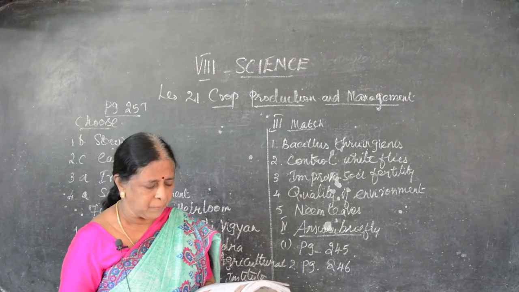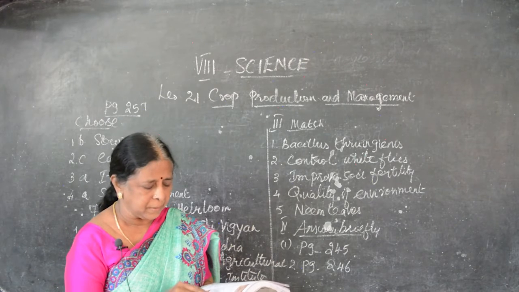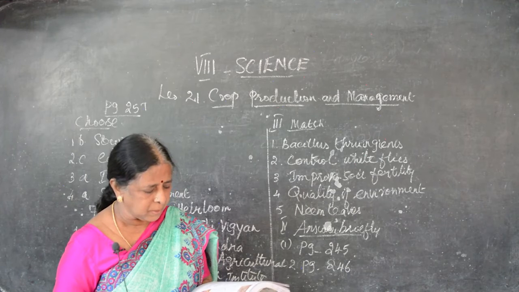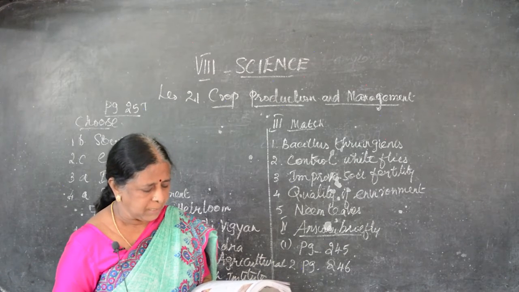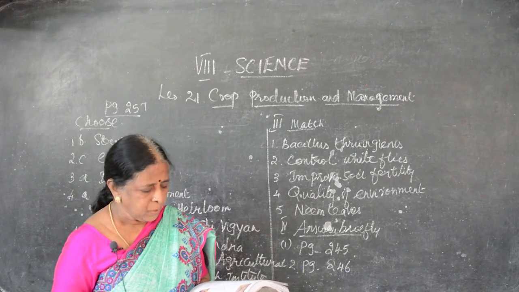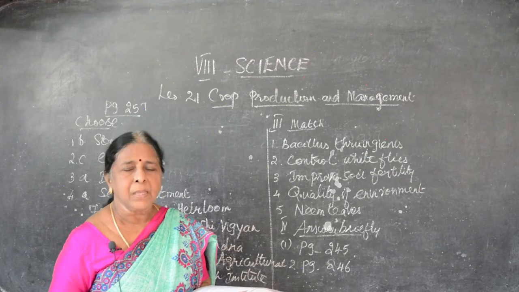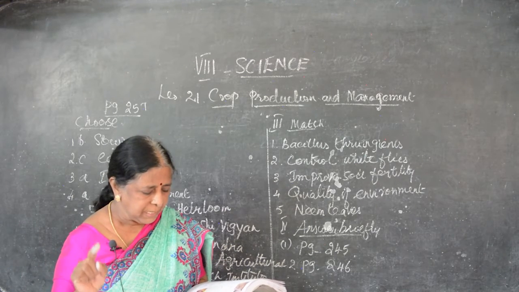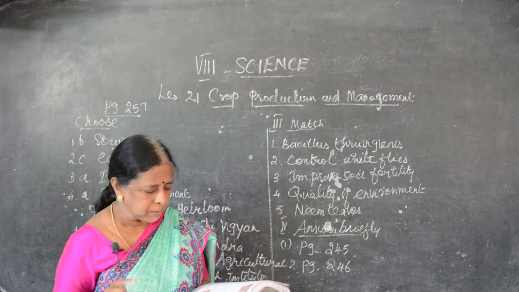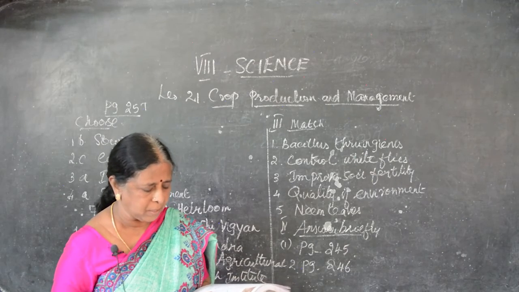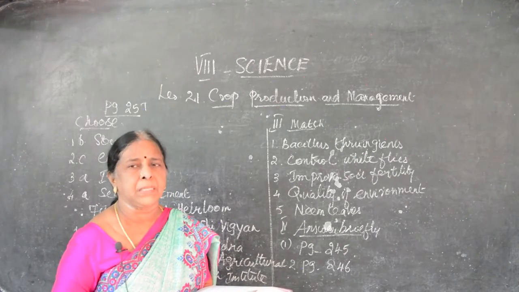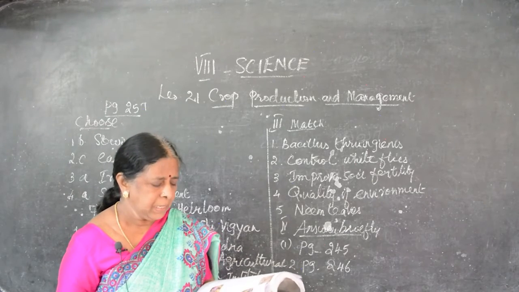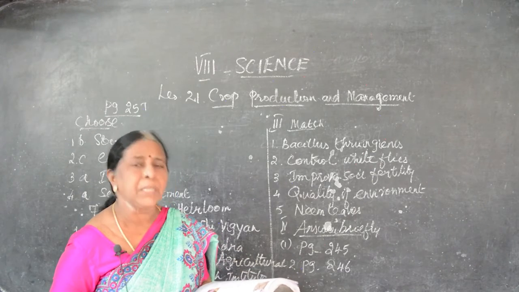Various methods. Did you find out? Under the heading, 1, 2, 3, 4, 5, 6th line. Various methods for sowing seeds are. Strike out 'are' and write only various method for sowing the seeds.